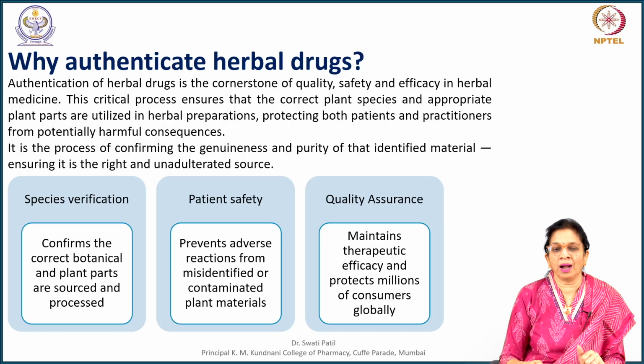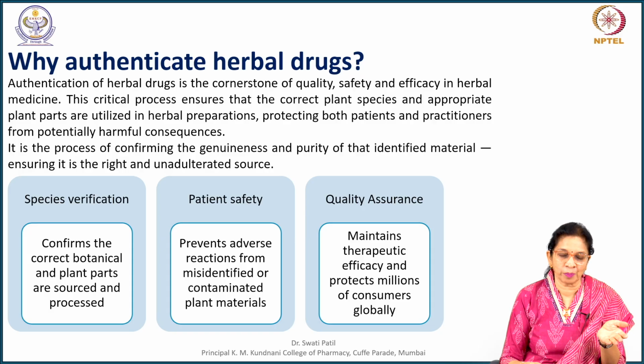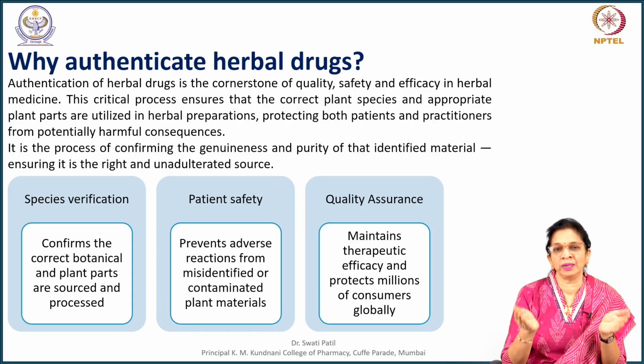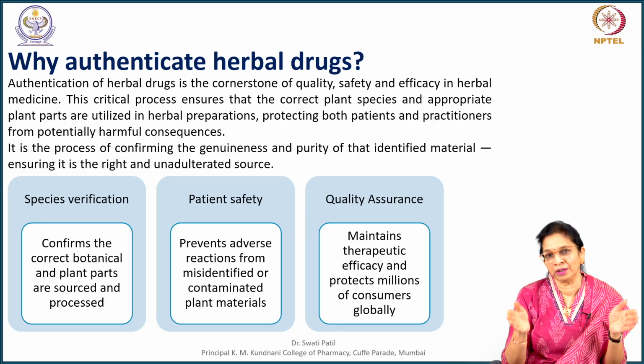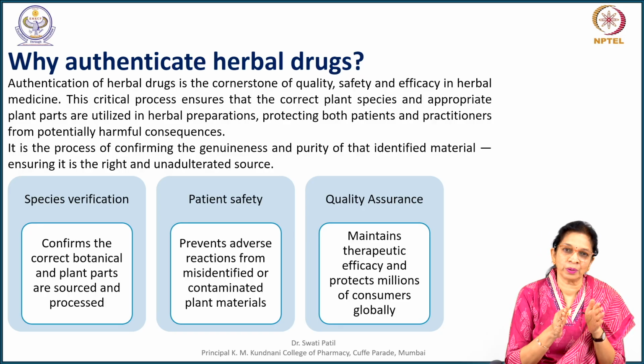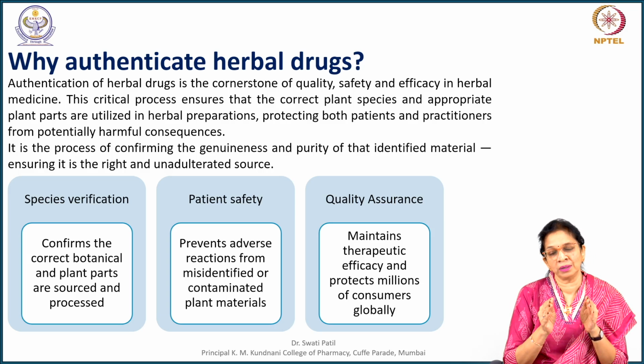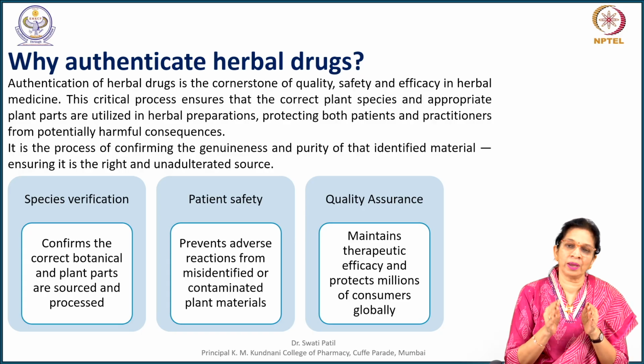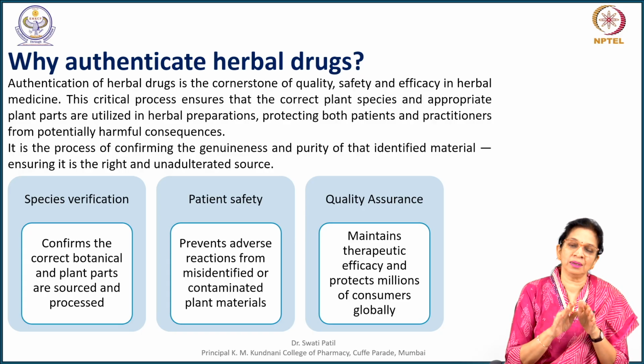source. Unlike the synthetic counterparts, our herbs are packed by nature with different kinds of ingredients, and during standardization we try to identify just one compound which may be present, but it is very important to identify the right herb where we can ensure that the other toxic constituents are not present.